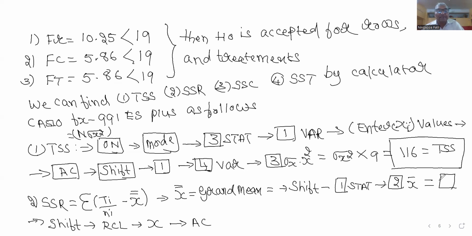Whatever you are getting is the X double bar. I want to use it in calculation, therefore you can store it in letter X: shift RCL X and AC button, you store this value of X double bar in letter X.